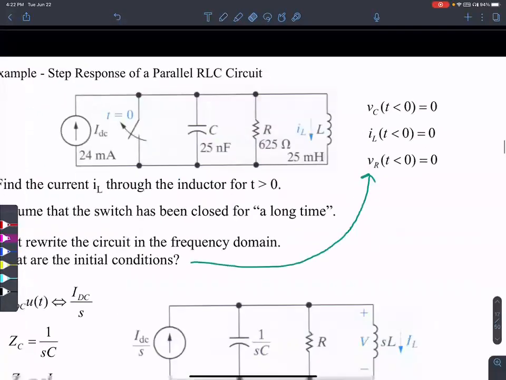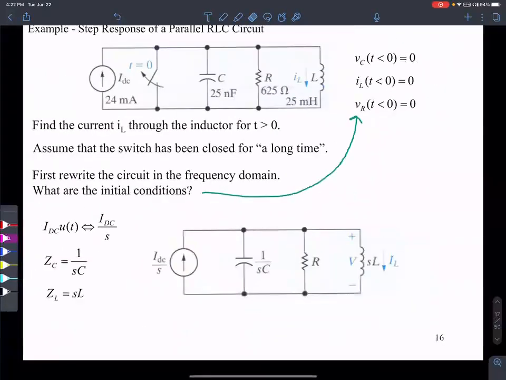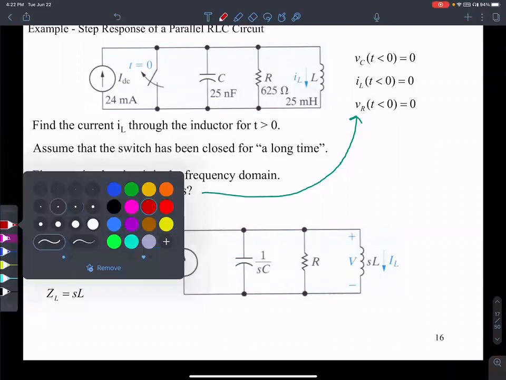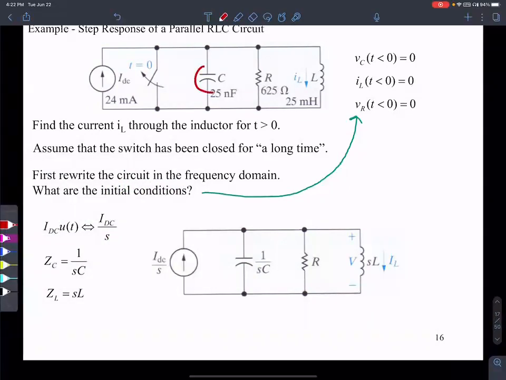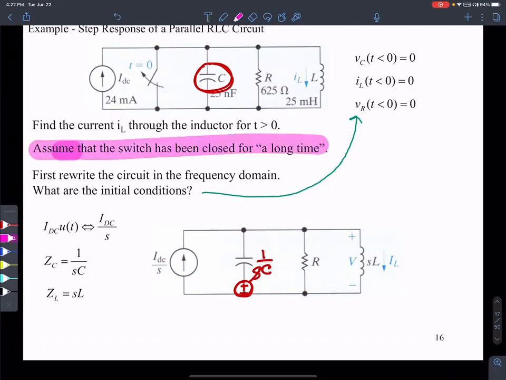When you're looking at a problem that's similar to this, all you have done is replace this capacitance with 1 over SC, and you can ignore that voltage term because of this information: the switch has been closed for a long, long time.